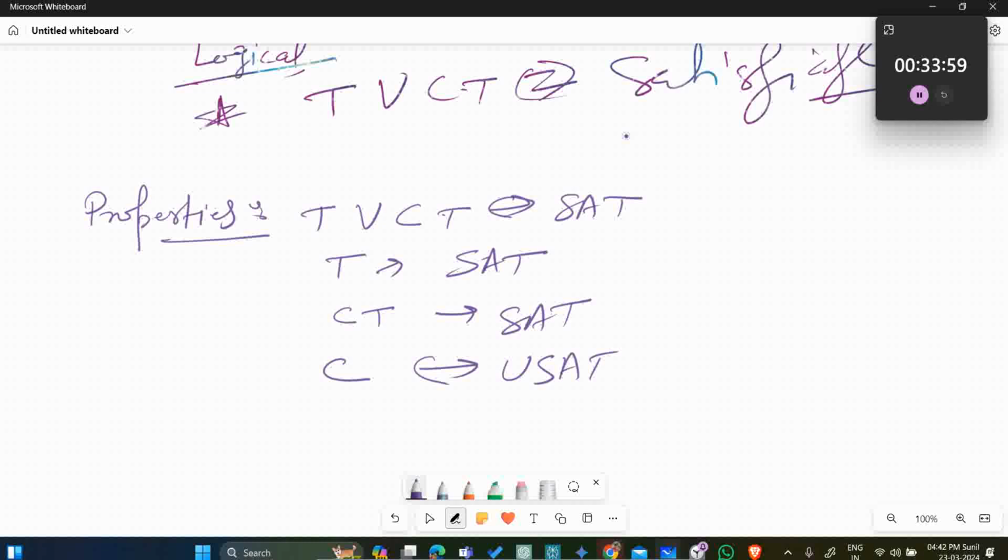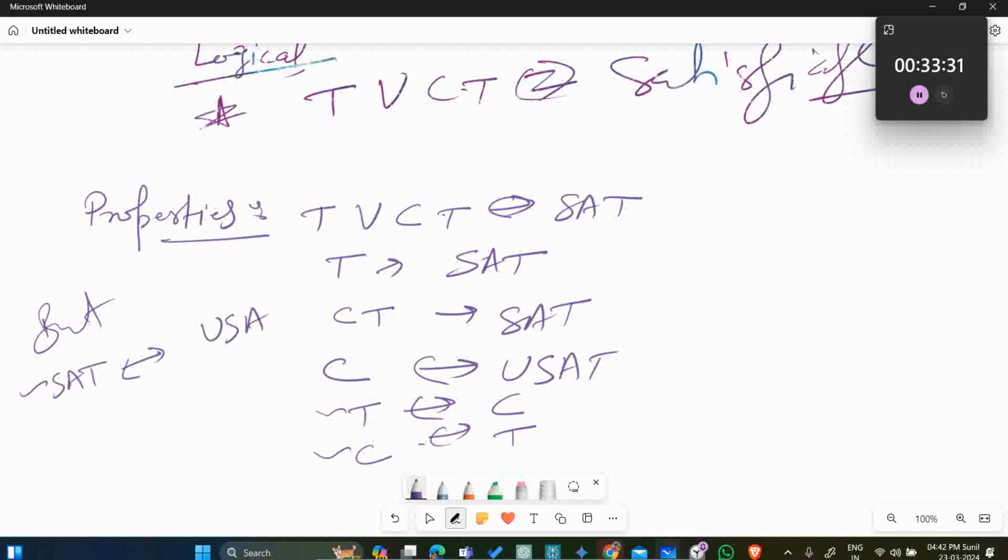The next property is that the negation of a tautology is a contradiction, and not satisfiable is equivalent to unsatisfiable.